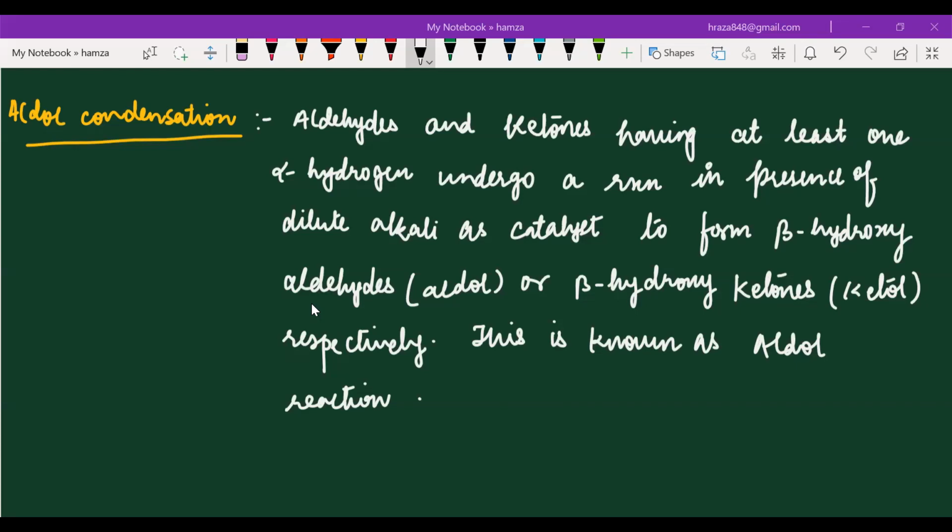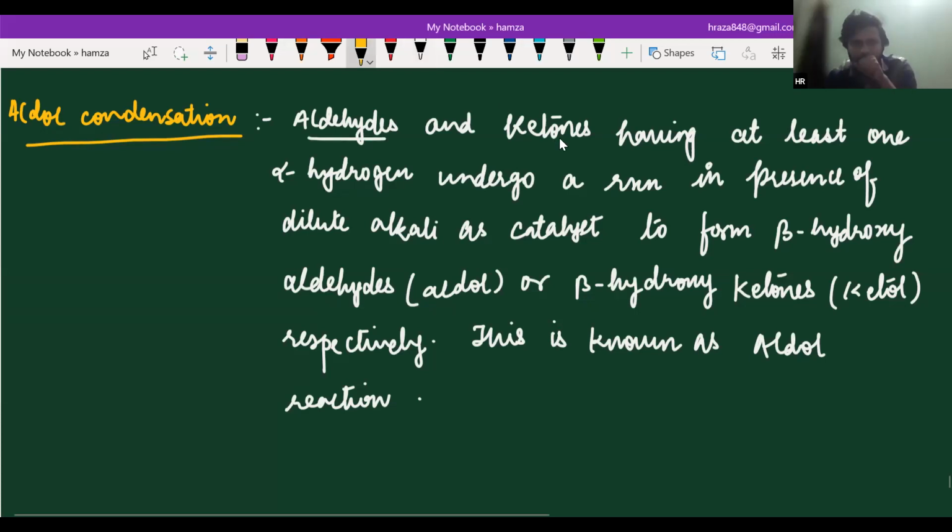Very good. So I'm going to explain it. First of all, Nafisa, it's very important to note that if there is any aldehyde or ketone, it must have at least one alpha hydrogen.